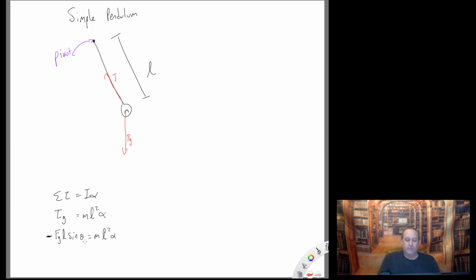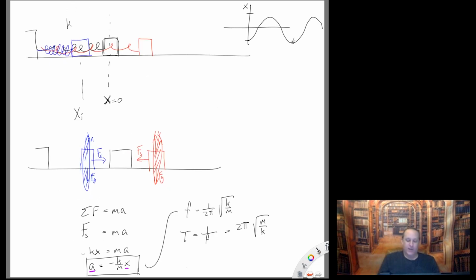Now, remember, when we go to rotational variables, theta is kind of like our delta x variable. It's our displacement, but it's an angular displacement. And alpha is kind of like our a variable. So to get an analogy with the formula for the spring and mass, we want to solve for the acceleration-like variable.